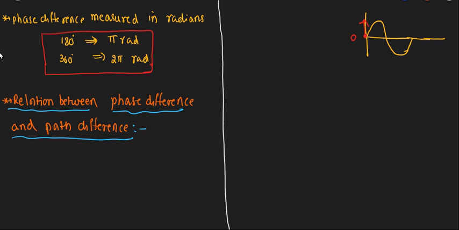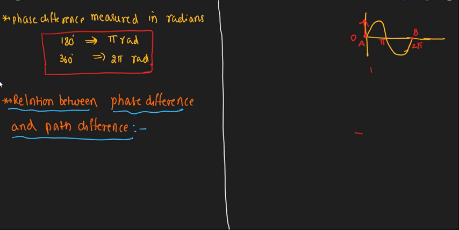And now here the angle is pi, here the angle is 2 pi. Okay, and now for example, this is point a and this is point b. What is the distance between these two points?